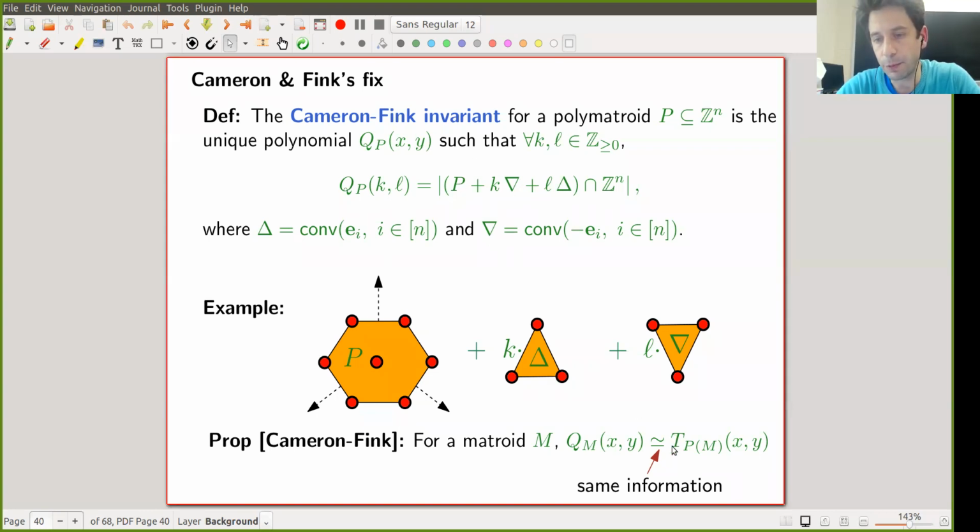And what they proved is that this was a fair generalization of the Tutte polynomial of a matroid, because in the case of a matroid, it contained the same information as the Tutte polynomial.